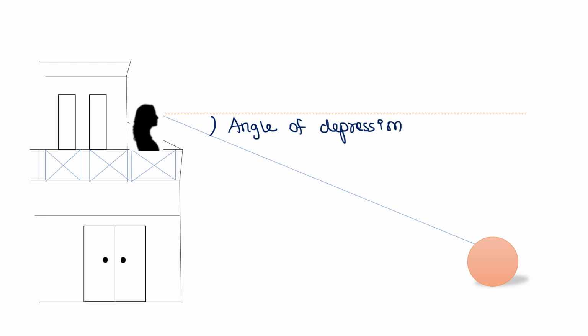This is her line of sight, and this one is the horizontal level. So hope you understood what is angle of elevation and angle of depression.